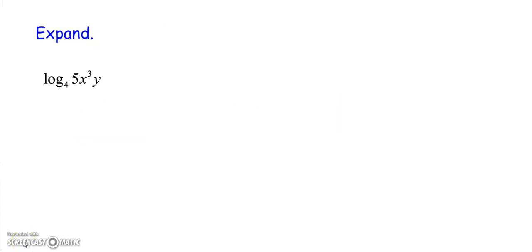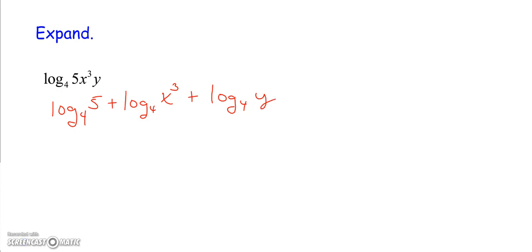All right, and last but not least, actually 2 more problems, I'm sorry. We're going to do another few expansions. Here it's still the same expansion, just maybe a little longer. We are going to be looking at log base 4 of 5 plus log base 4 of x to the 3rd plus log base 4 of y.